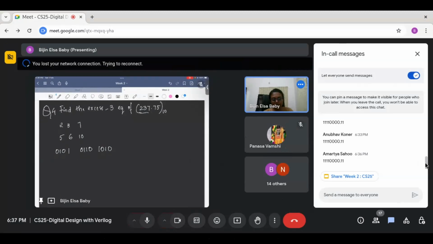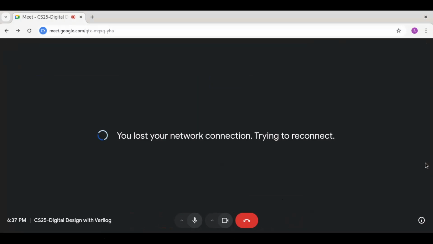The decimal part is 75. Here also X3 will be 10 and 8.